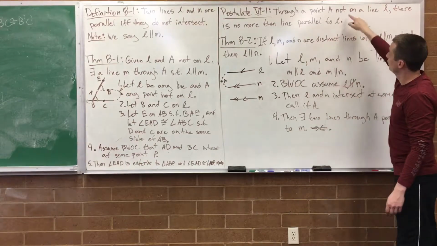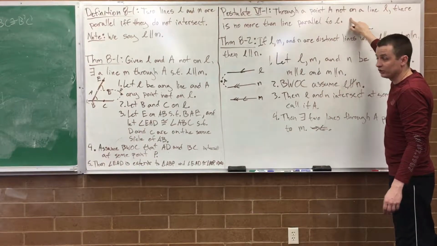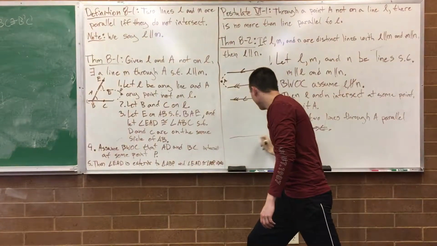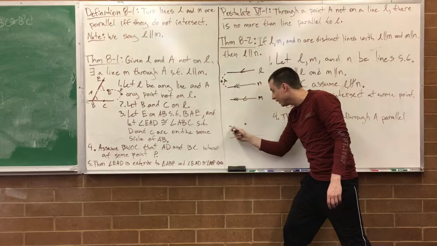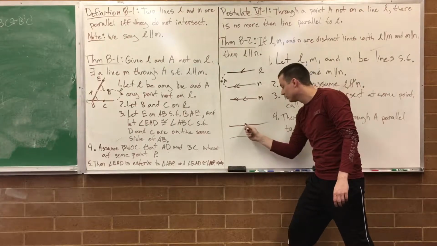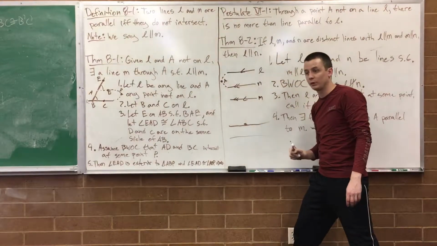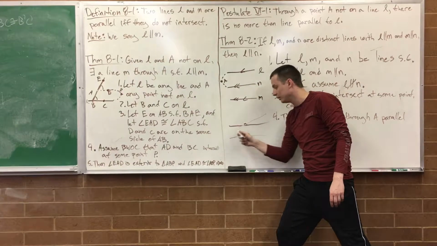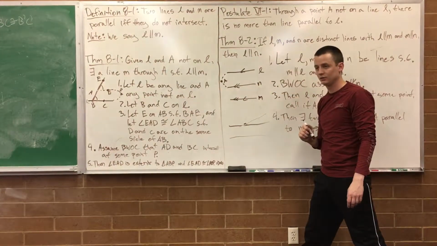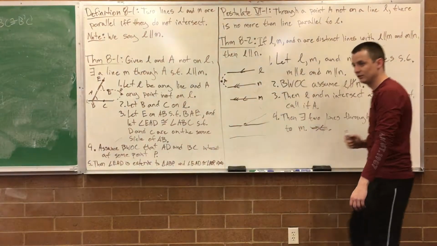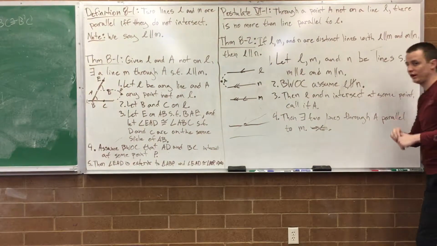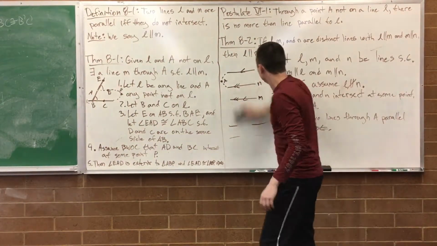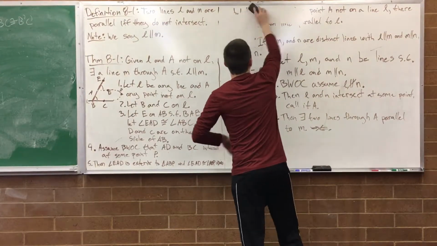That contradicts our postulate, which says if we have a line and a point not on the line, there is only one line I can draw through that point so that these two lines are parallel. I can't draw another one. They'll eventually intersect. Does that make sense? You see how that's a contradiction? Good? All right, awesome. Okay, erase all that.